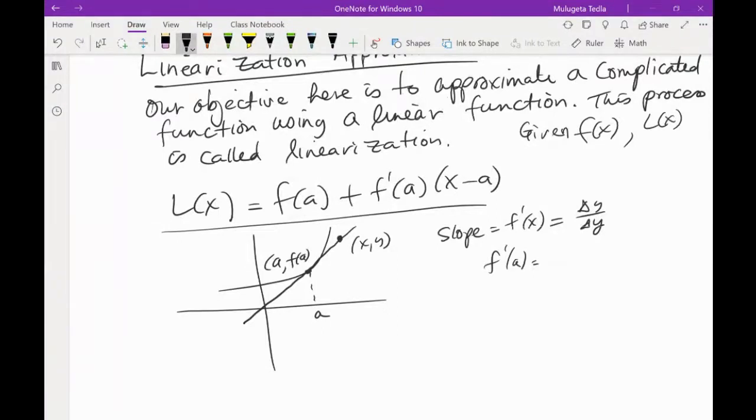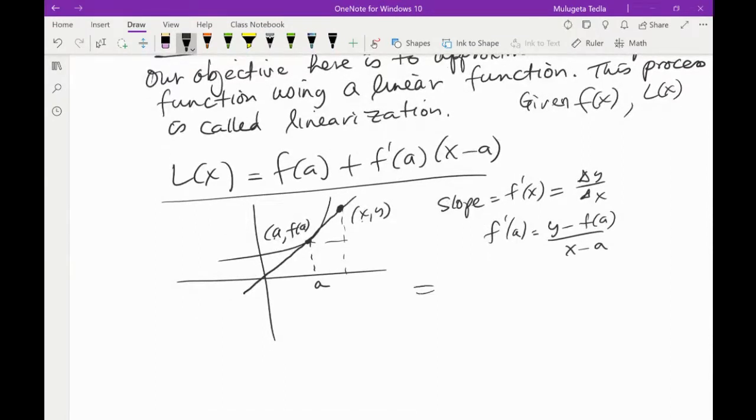So delta y is y minus f of a over x minus a. The rise is y minus f of a, and the run is the x component of the second point minus the x component of the first point.